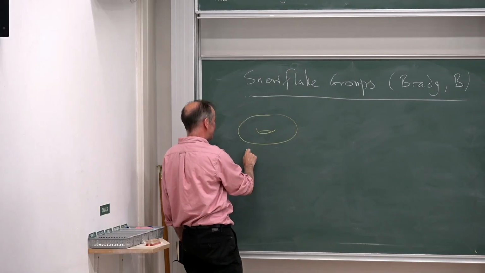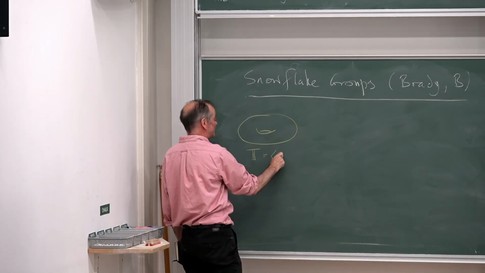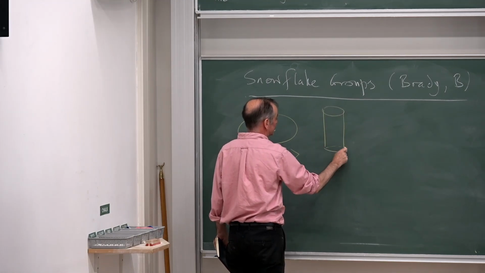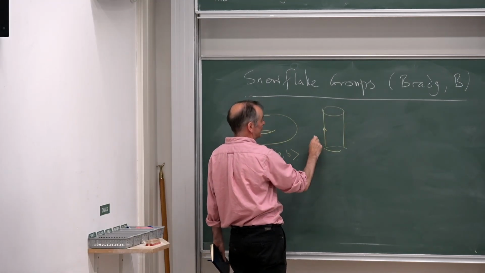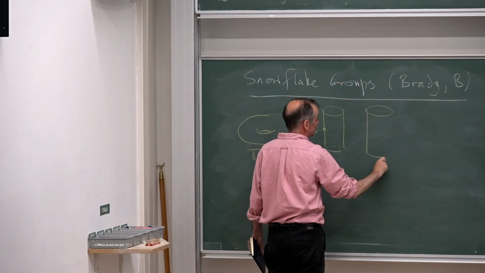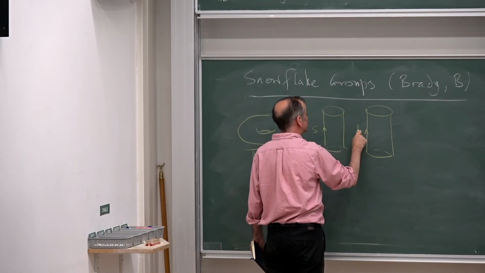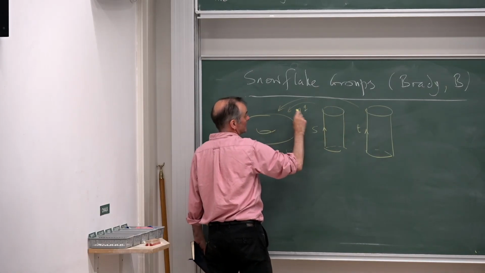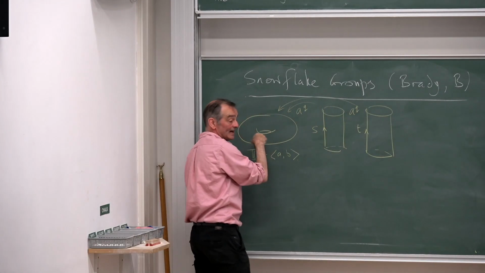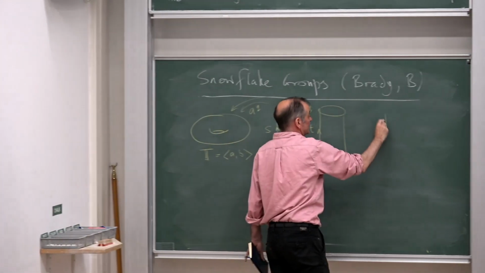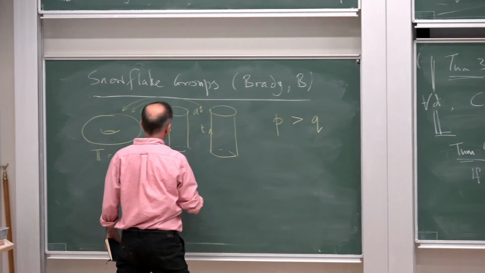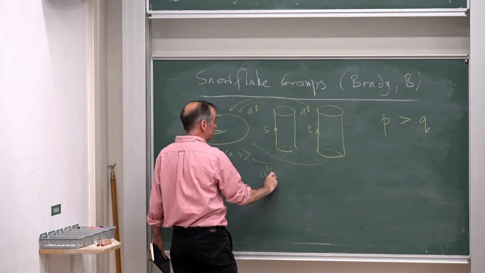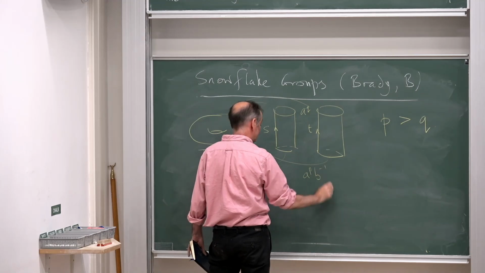You take yourself a torus, it's a free abelian group generated by A and B, and then you do a very simple thing. You stick on a tube, stable letter S, you stick on a second tube, stable letter T, and what do these tubes do? Well, one end of each is attached to a loop that wraps Q times around the A direction. I take an integer P bigger than Q, and what the other ends do, one of them wraps around A to the P times B, and one of them wraps around A to the P times B inverse.